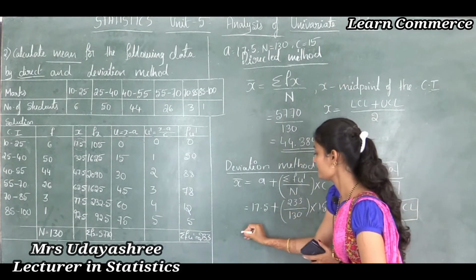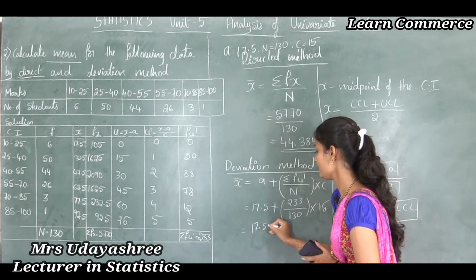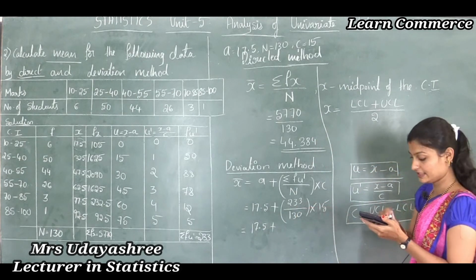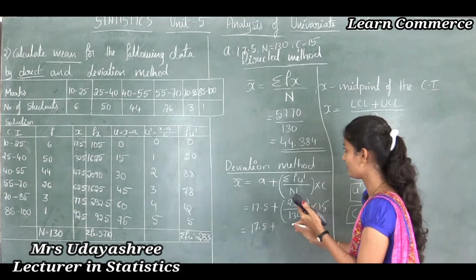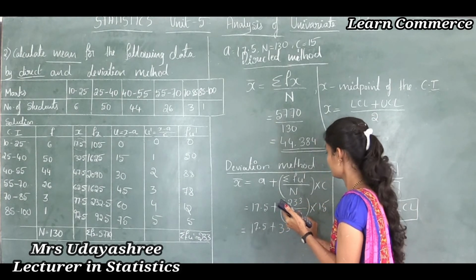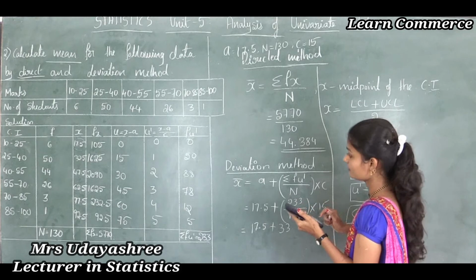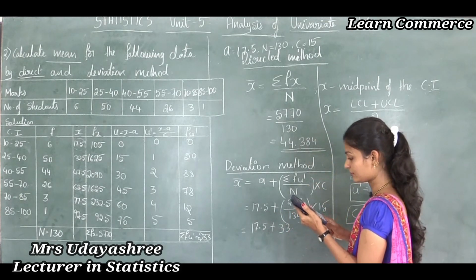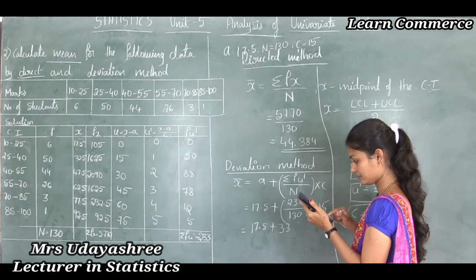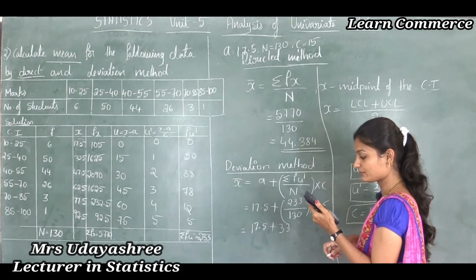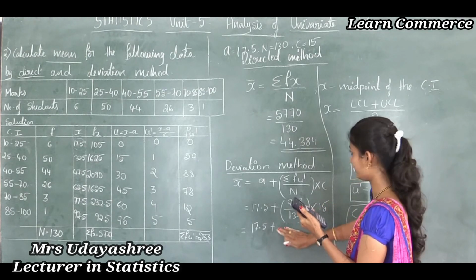So this is equal to, first I will write it as it is, 17.5 plus 233 divided by 130 into 15. 233 divided by 130 is 1.792, into 15 is 26.88.